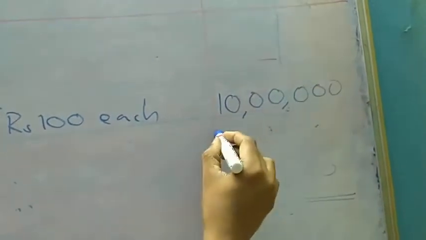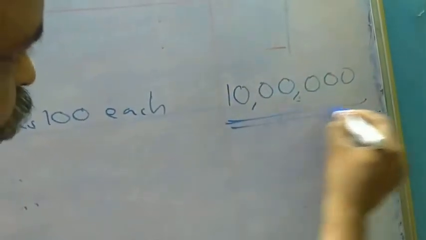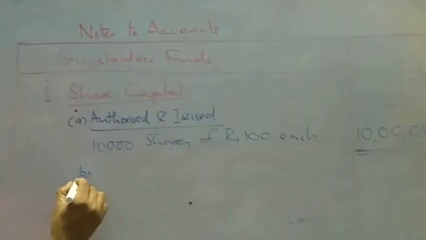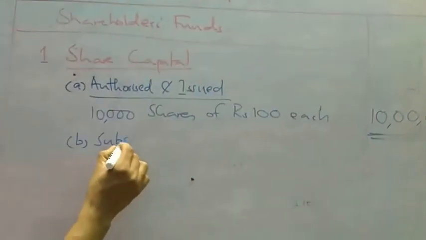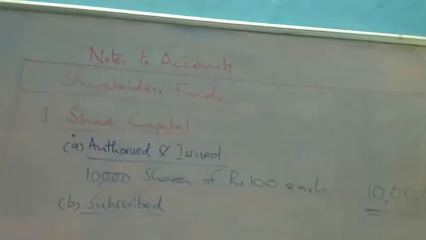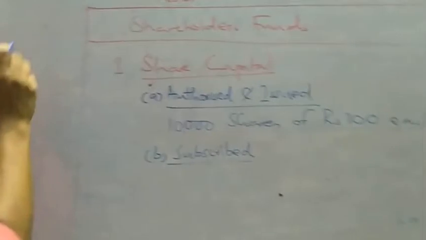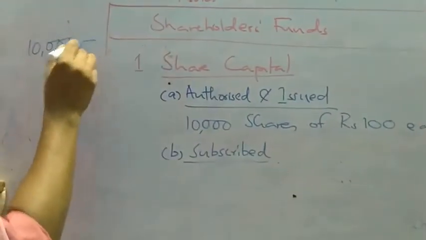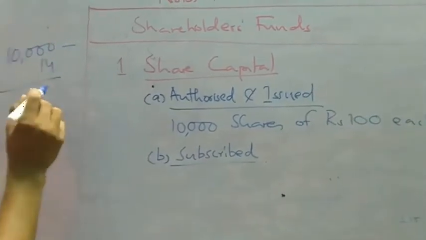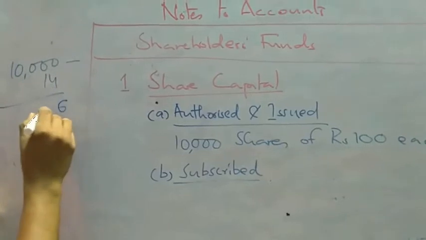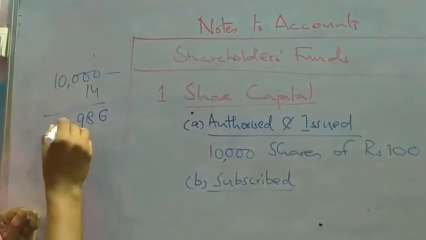You will not take it for calculation. You put 2 lines. It will not be taken for calculation. Then you write subscribed share capital. You understand that the company got 10,000 shares. Out of that, 14 shares were cancelled. Then we issued another 10.